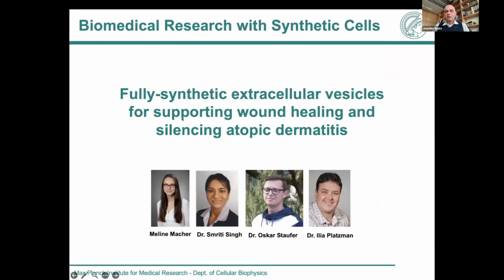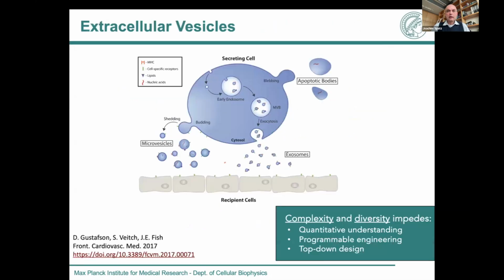So we then explored this aspect further, that we went to fully synthetic extracellular vesicles. Extracellular vesicles are a phenomenon known from natural cells, that they release vesicles which contain mRNA and surface proteins.